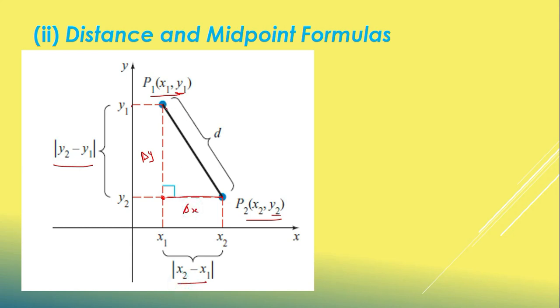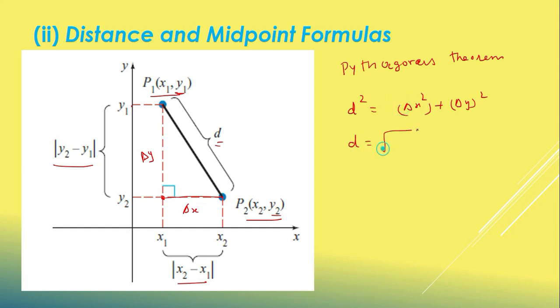Now this hypotenuse distance is what we require as d. So we can use the Pythagoras theorem to write the formula for d. d squared is equal to del x squared plus del y squared, isn't it?